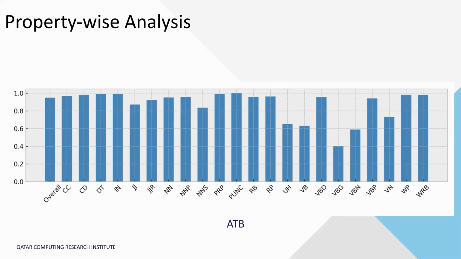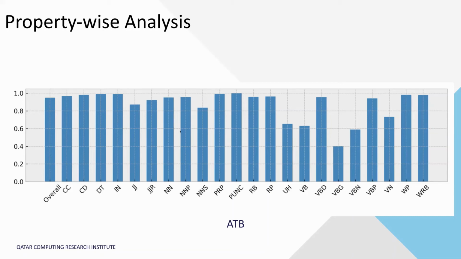Basically we do the same thing: first, we see the performance of each model for each property, and further we look at the neurons per property as well. So this is a summary. This is just some selected tags from ATB, and this is their performance.